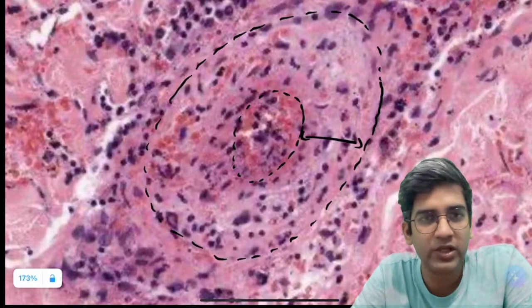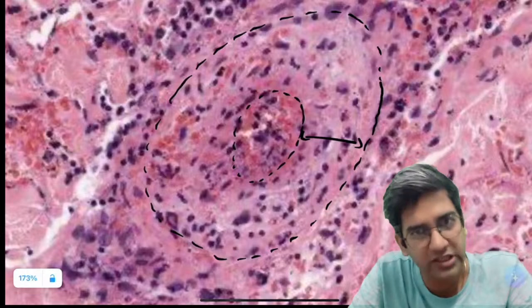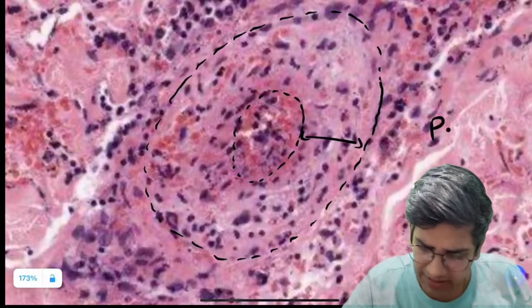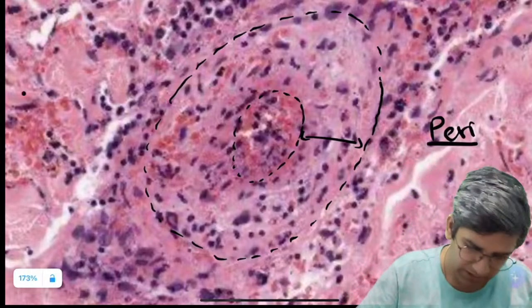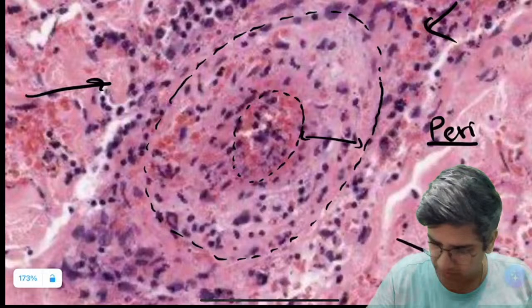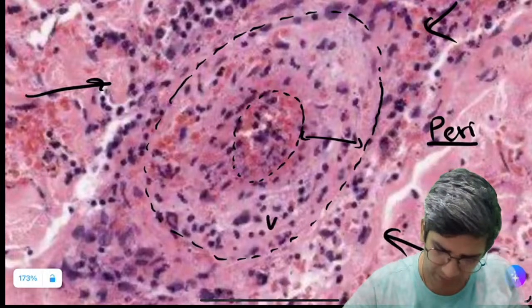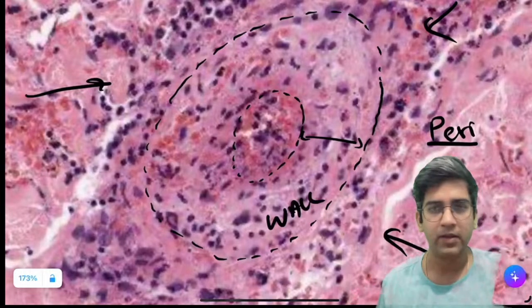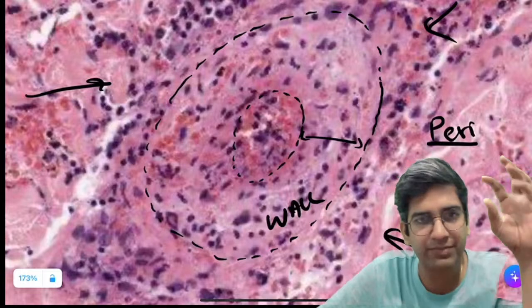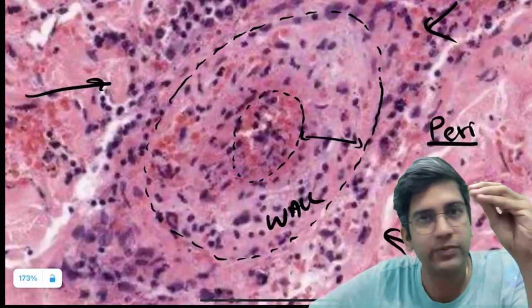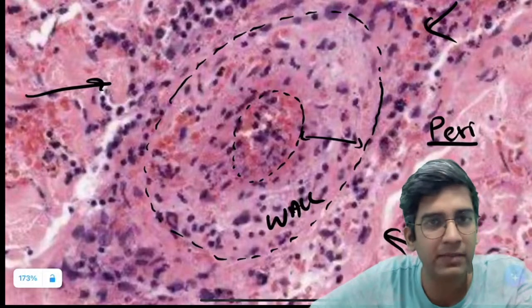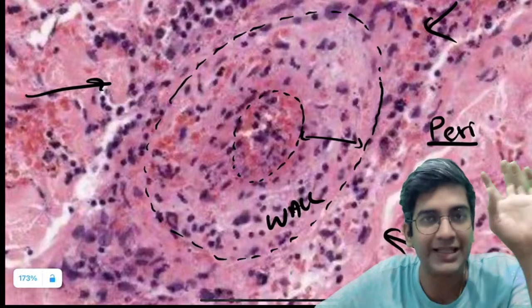Will you agree? Or do you still want to say, see, this is where I call it a perivascular problem. This part is perivascular, this part is perivascular. This for me is the vessel wall. Do you accept that the problem lies within the vessel? That's the vessel wall, and maybe intravascular some other problem is there? Yes, no, maybe.